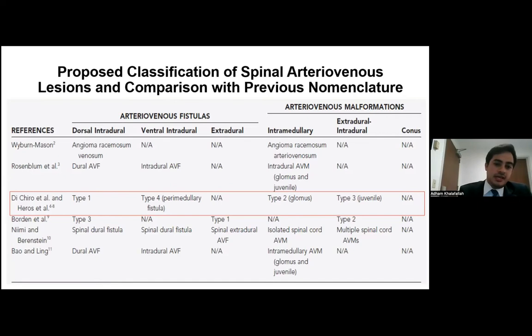It makes it easier to differentiate between an AV fistula and AVM without combining them in one classification, to help in moving on next with understanding the different therapies and treatments and how we're going to define which patients are more liable to benefit from surgery versus patients that would benefit more from embolization. I think that's a very good addition, even from a research perspective, to be able to find outcomes when you combine different pathologies together.